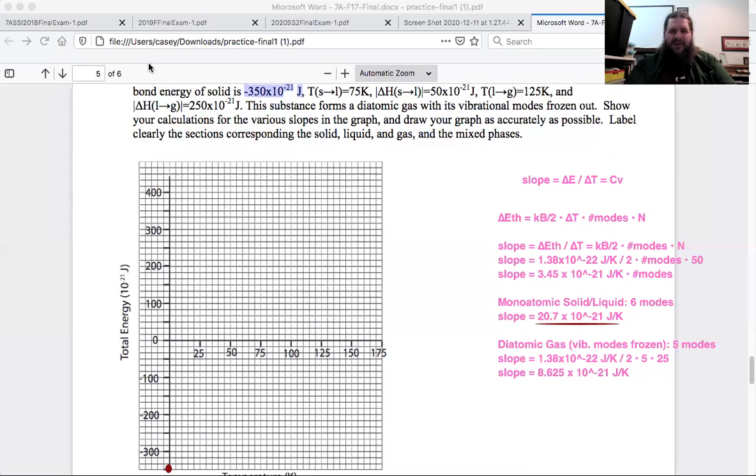Yeah, 75 Kelvin is going to be the melting point. So let's put a mark there. We know something strange is going to happen at 75. So just as a reminder, we're going to put this mark at 75.